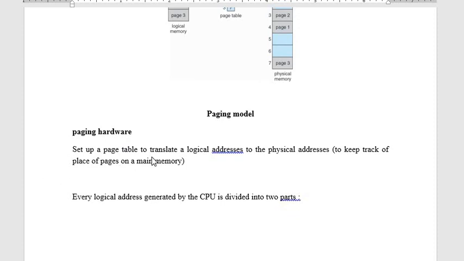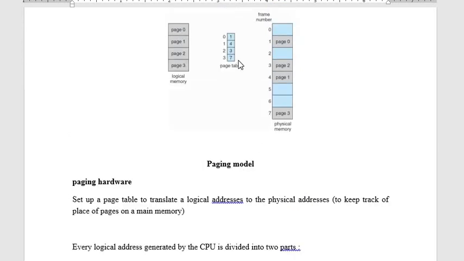Setup of a page table to translate a logical address to a physical address must be done in some way. Whenever we move a page into main memory, which deals with the physical memory, we need to know in which physical address this page is available.